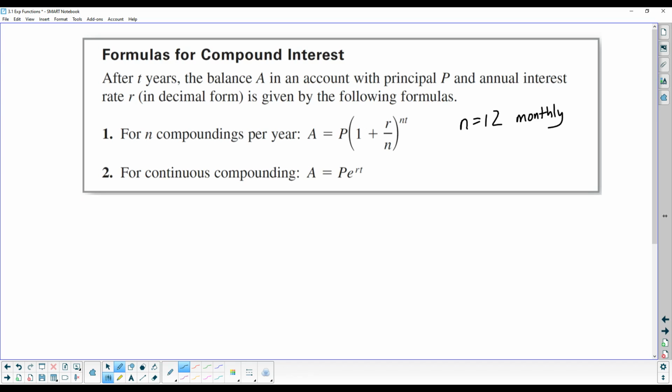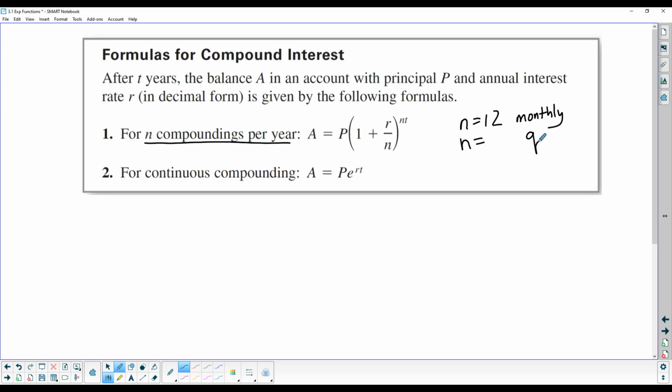It could be daily, it could be yearly. If it was yearly, what would n be? Sorry, n is the number of times per year. For annual, n would be 1. For semi-annual, n would be 2. For monthly, n would be 12.